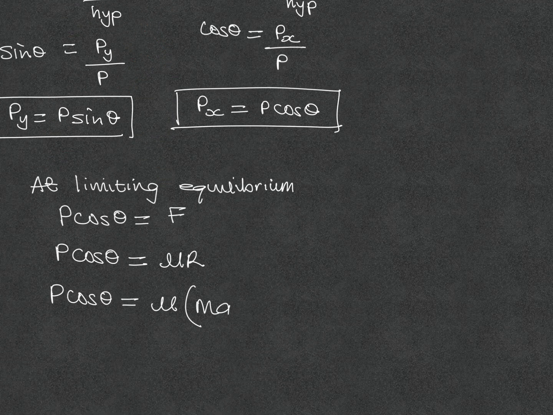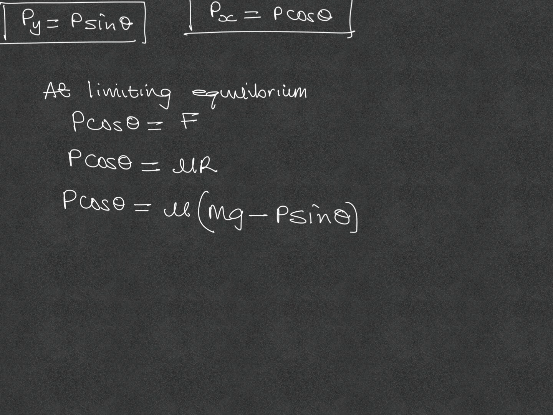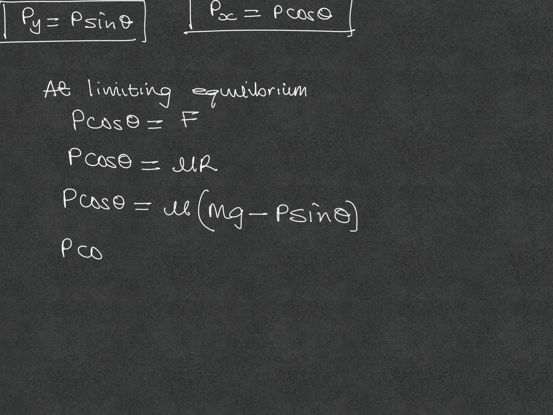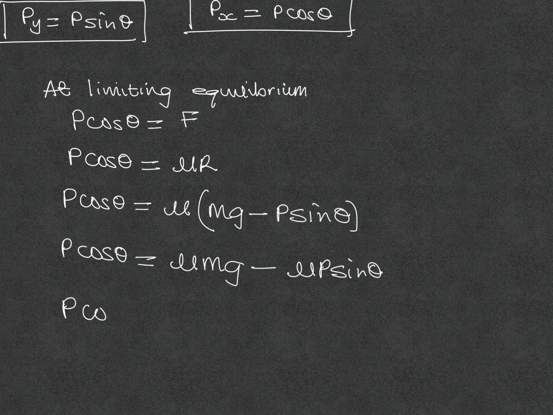So P cos theta is equal to, if I expand, mu mg minus mu P sine theta. To collect like terms, because I want to find P, I will have P cos theta plus mu P sine theta is equal to mu mg.